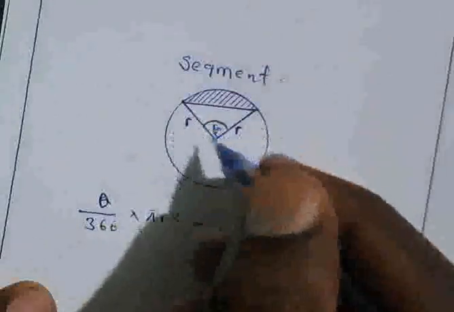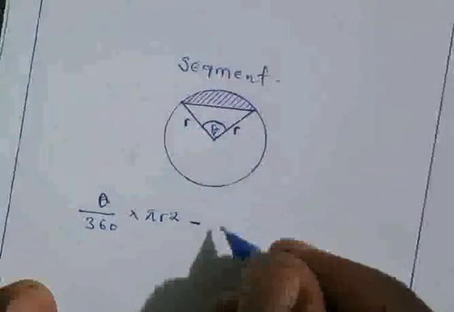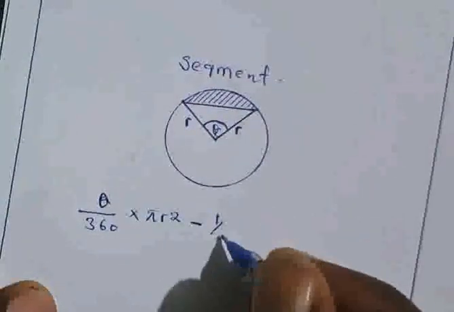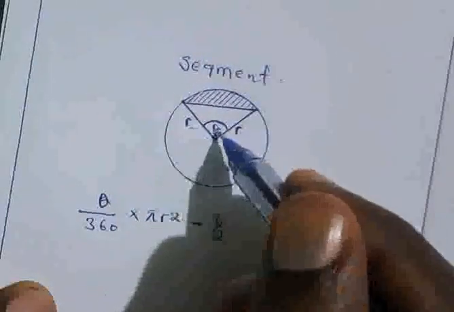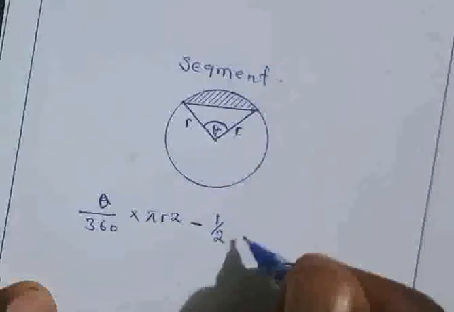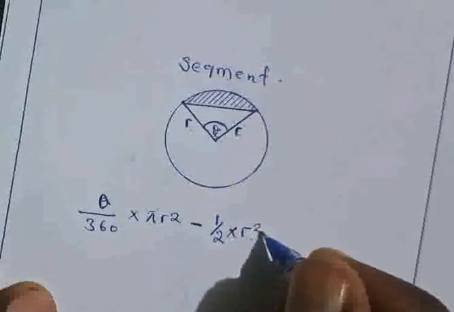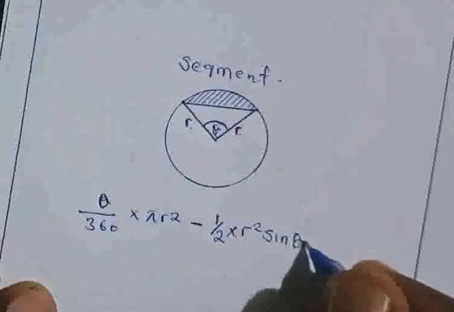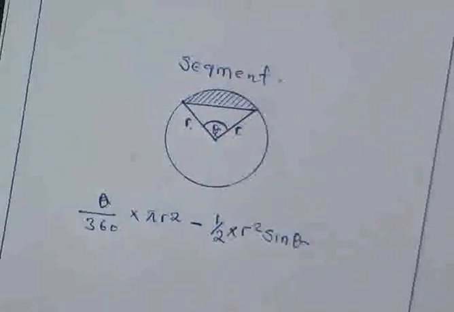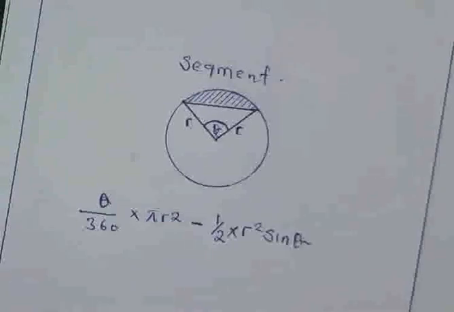And the area of this triangle from the sine rule, we say it is half times r times r sine theta, which is half r squared sine theta. I don't know if you're able to follow what I've just explained. I think it will make more sense when we solve some examples.